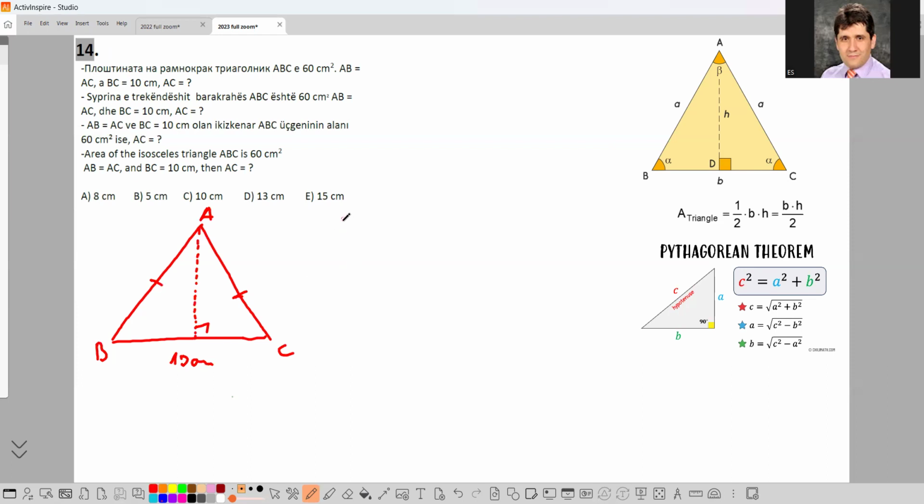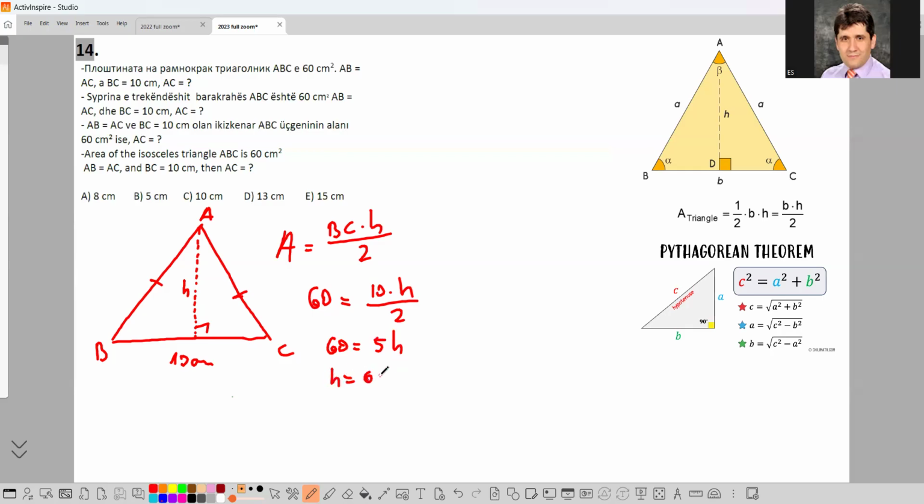In any case, we have this height. BC times the height over 2 should give you the area. This is the formula: BC times the height over 2 will give you the area of the triangle. So 60 is equal to BC, that's 10, times height over 2, which means 60 is 5 times height.